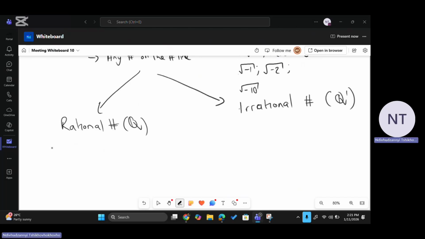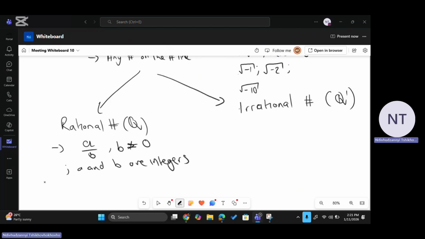Let's start with a rational number. A rational number would be a fraction where the denominator is not 0, right? So we can express it like this. This is the first definition: A over B, where B is not equal to 0, and A and B are integers.